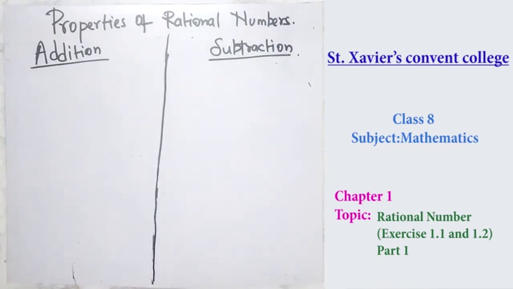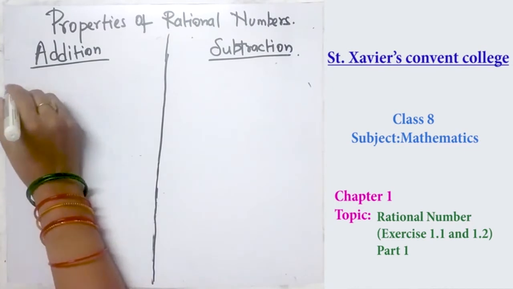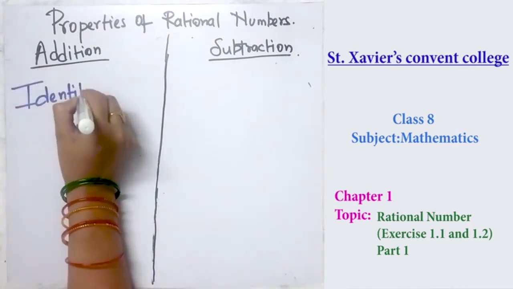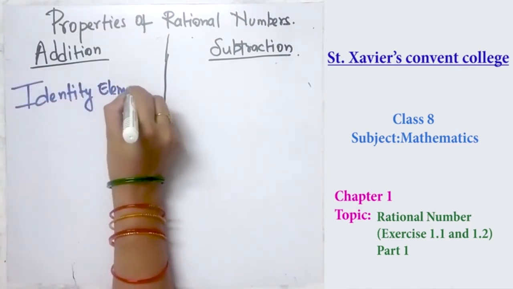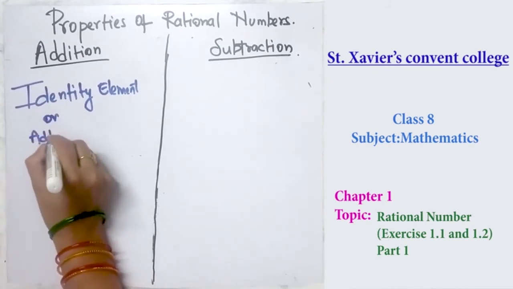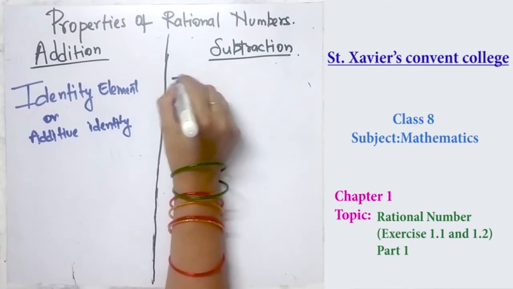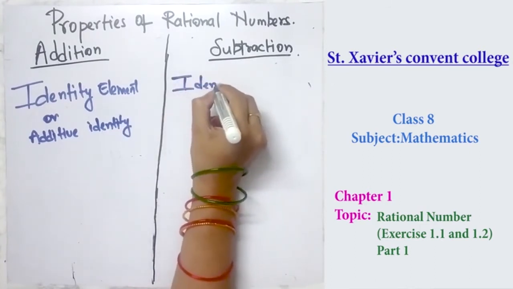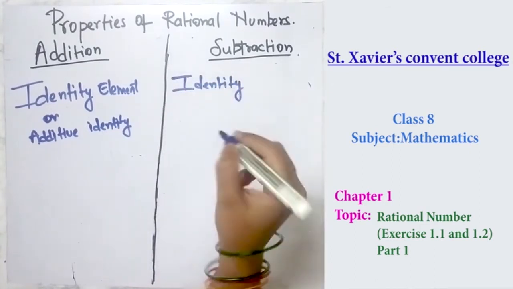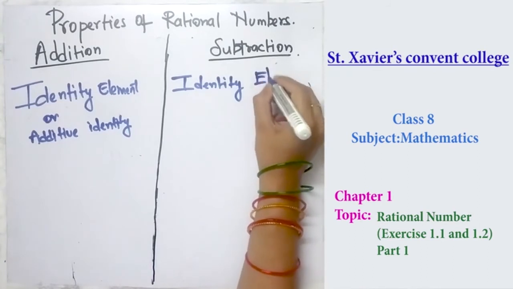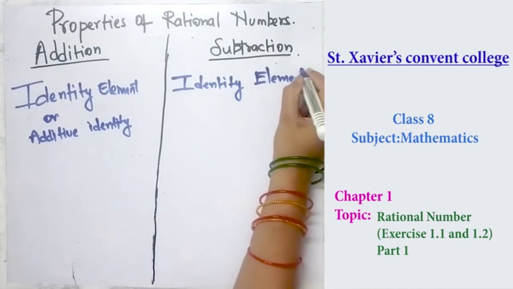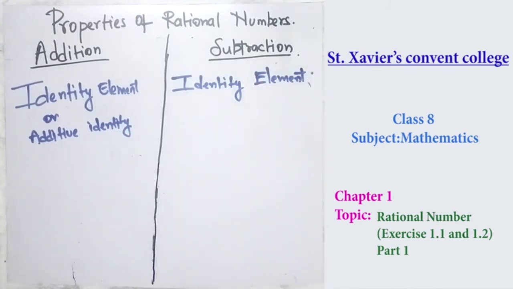Now the next property is identity element. In the addition, it is also called additive identity. And in subtraction, it is an identity element. Identity means which maintains your identity, the proof of your existence.